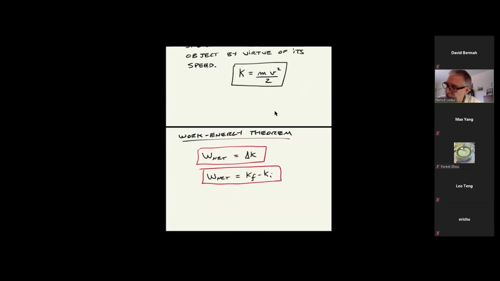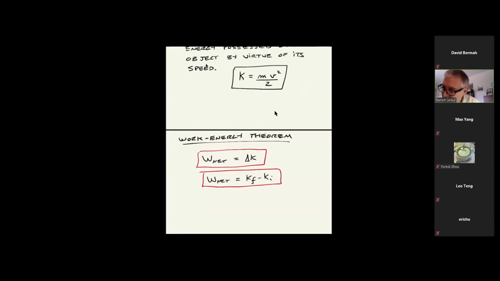All right, so let's put this here. When the net work is greater than 0, therefore the final kinetic energy is greater than the initial kinetic energy. So that means the final speed is greater than the initial speed. So it helps to speed up an object.